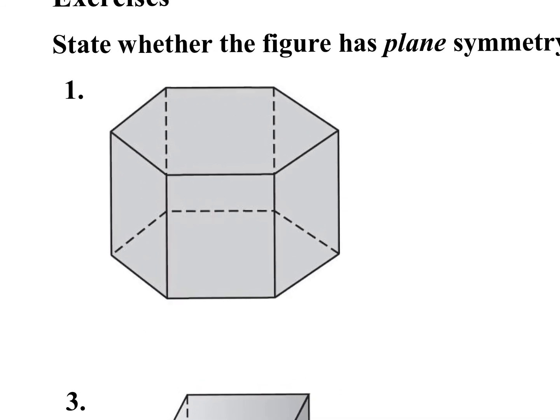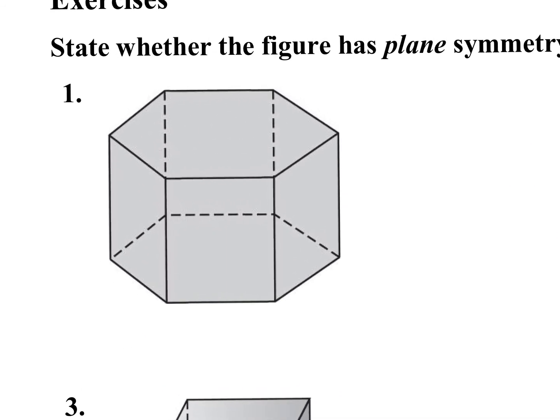So figure 1. It's a hexagonal prism. A hexagonal prism has the axis at the very middle, such that I can rotate it 6 times specifically to get symmetry along itself. So I know it has axis symmetry.